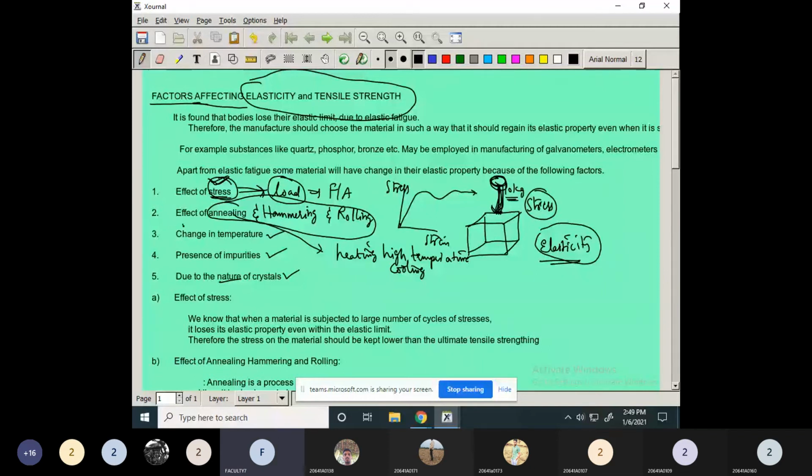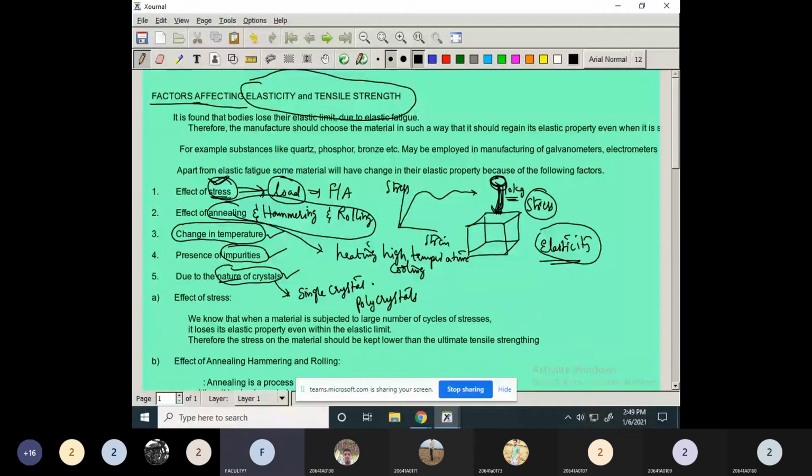Now, again the change in the temperature. Next, the presence of impurities in the metal or the material. Next, the nature of the crystals. Regarding the nature of the crystals, you are considering the crystals as single crystals or else polycrystals.